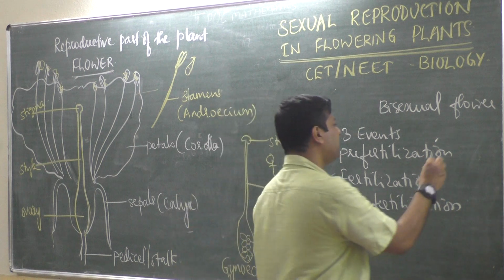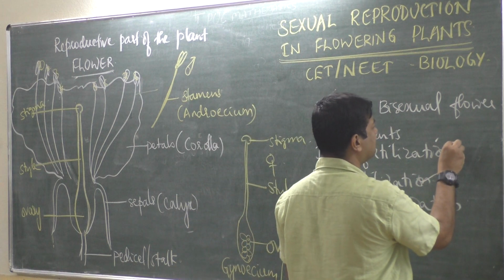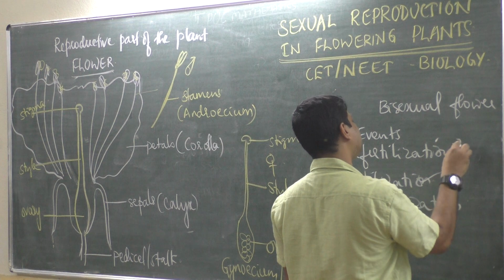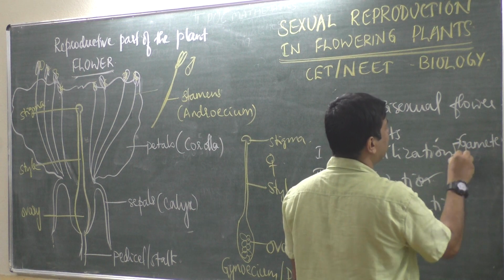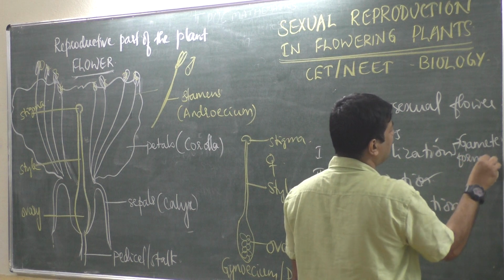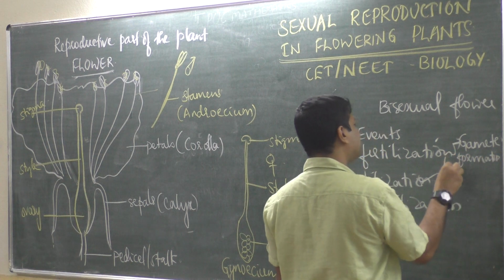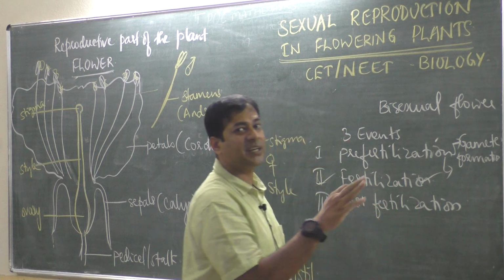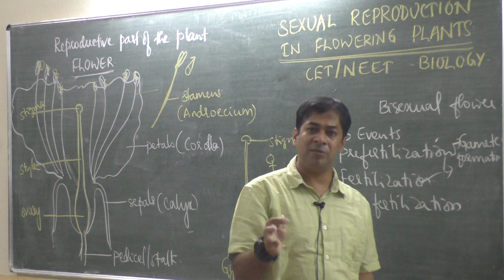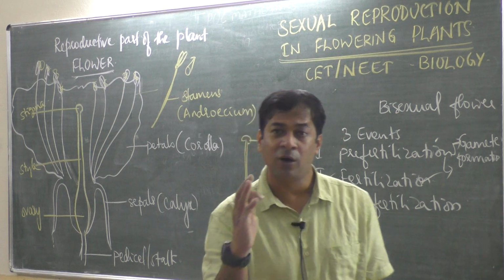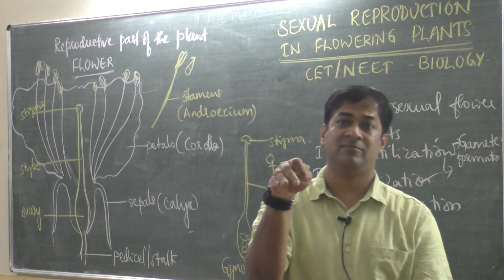So under pre-fertilization 2 stages are there, you know this. What is that? Gametogenesis, that is gamete formation. First male and female gametes should be produced. Once they are produced, they should be transferred from one plant to another plant, or in the same plant from one flower to another flower, or the same flower.